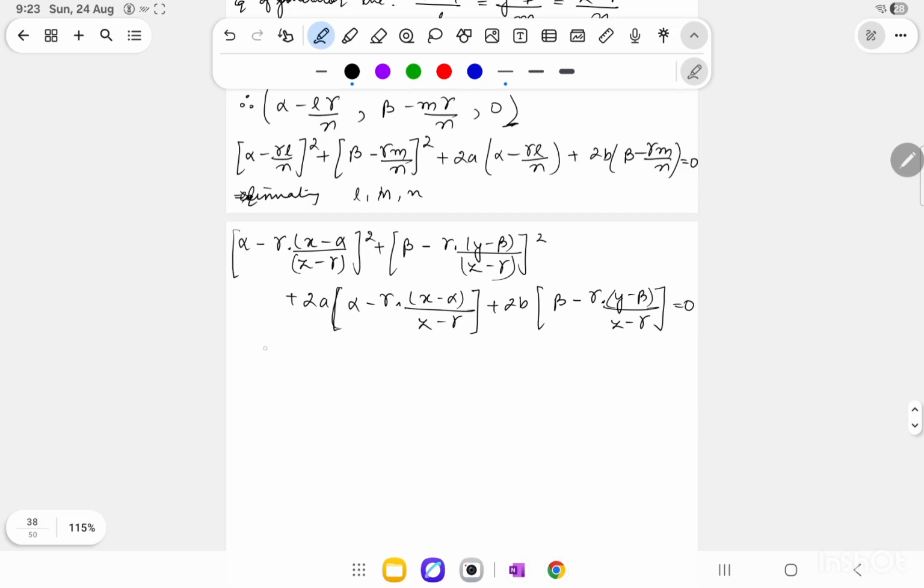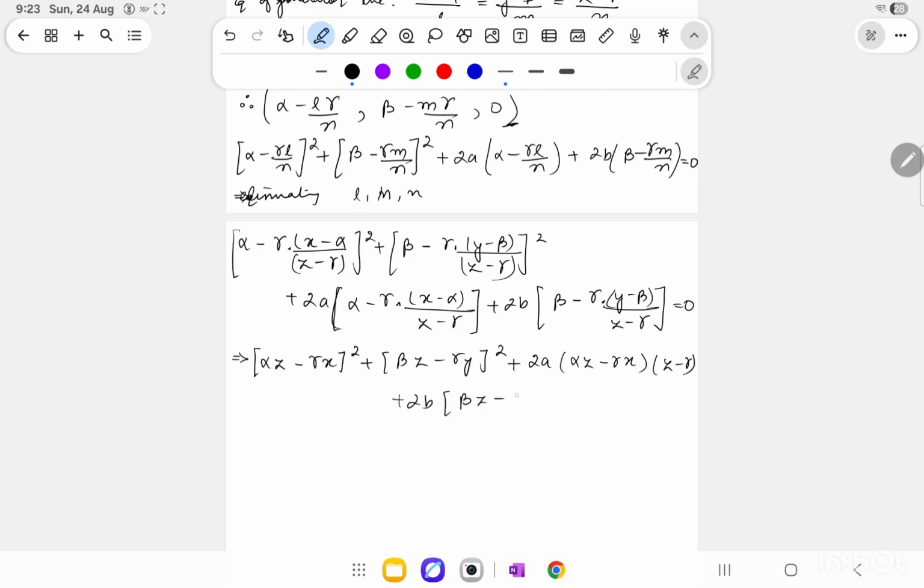If I simplify it, I will get (alpha z minus gamma x) whole square plus (beta z minus gamma y) whole square plus 2a (alpha z minus gamma x) into (z minus gamma) plus 2b (beta z minus gamma y) into (z minus gamma) equals 0.